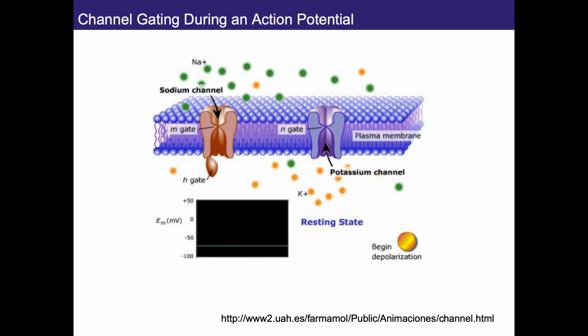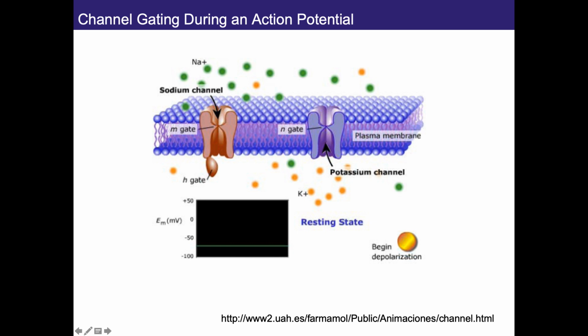What is that going to do to the membrane voltage? Think about the chord conductance equation. 90% of the total conductance is due to sodium. Where is the membrane potential going to go? Yeah, it's going to become much more depolarized.